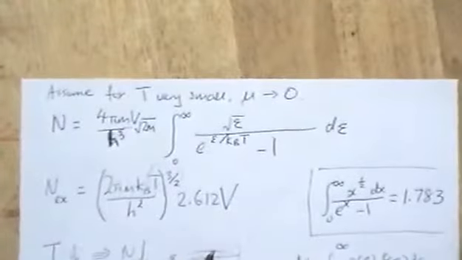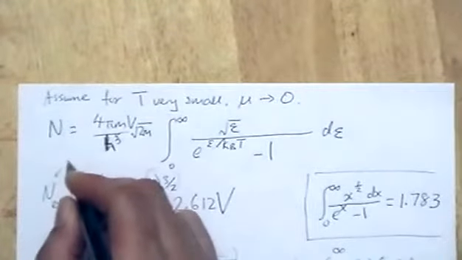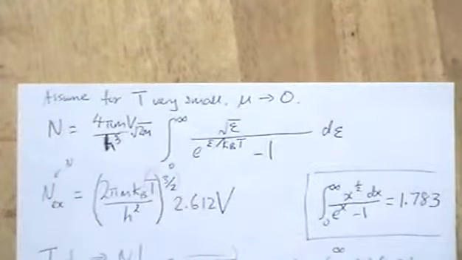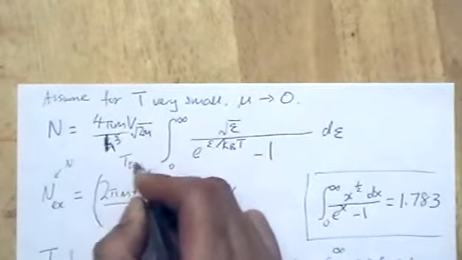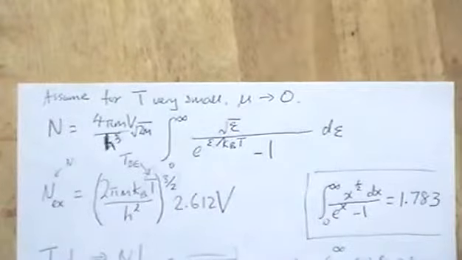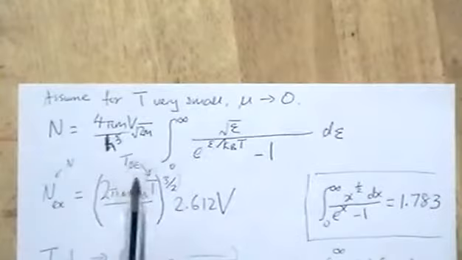Let me make that clear: if I set NEX to N, then the T there would be TBE. So we make the substitution and then we solve for TBE.